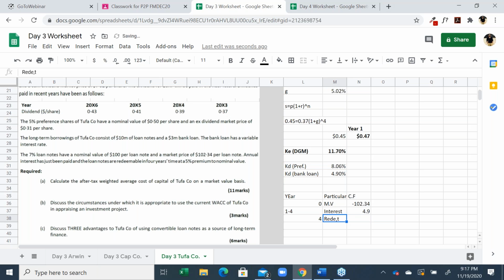Hamza, the tax rate was given at the start of the question. So we will be getting our money back at a premium of 5% on par value. So the par value was $100 and the premium is 5%. So we will multiply it by 1.05.